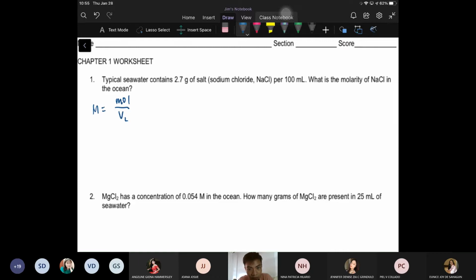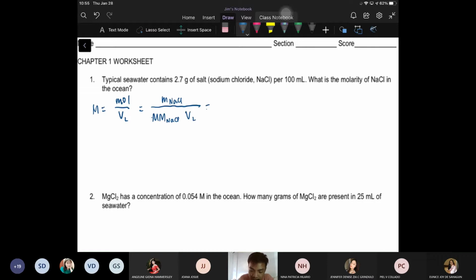So, pwede pa rin natin yan gamitan ng another equation, no? Remember that mole is mass over the molar mass of your substance. Hence, we can rewrite the equation as the mass of salt divided by the molar mass of the salt times the volume of the solution in liters.